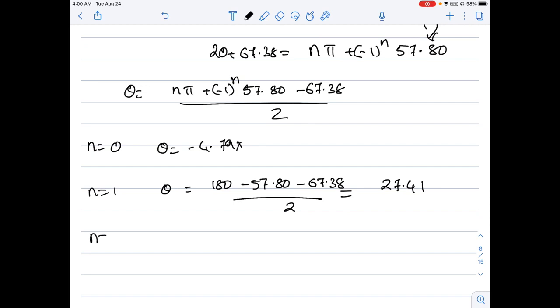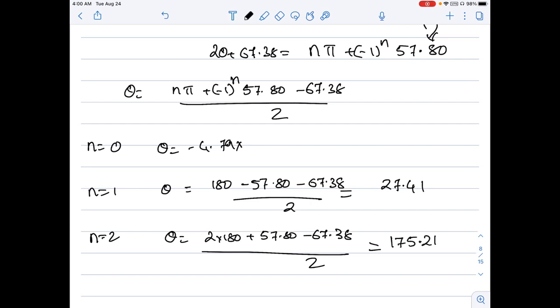Now I try n is equal to 2. So just change n to 2. It will become 2 times 180, which is 360, and minus 1 whole square becomes positive, plus 57.80 minus 67.38 divided by 2. Take the calculator, quickly key in these values, and you should be getting 175.21 degrees.